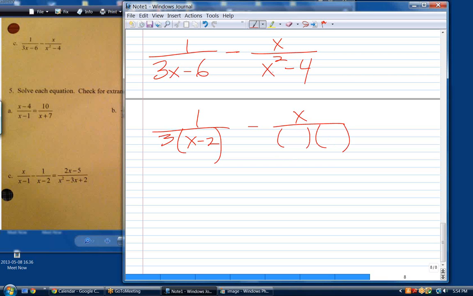How does difference of squares factor? x minus 4 and x minus 2 and x plus 2. Right. Now we have a pretty good idea of what we need for a common denominator.